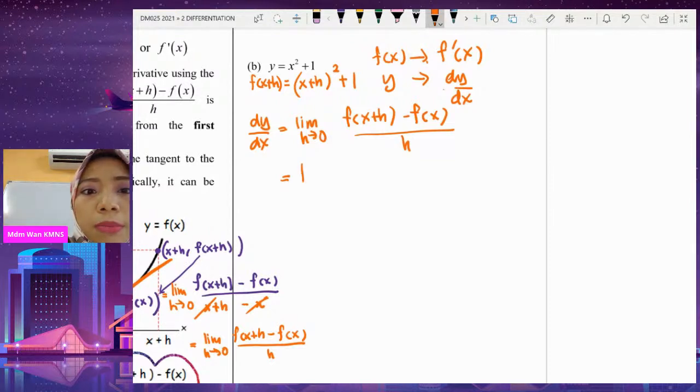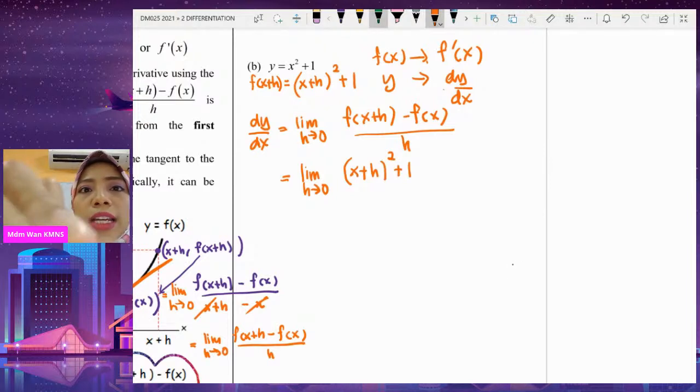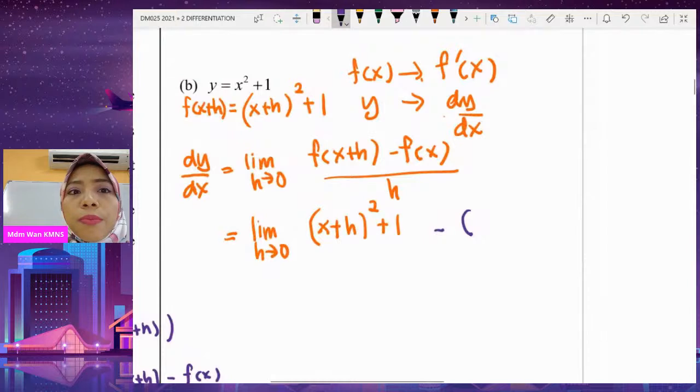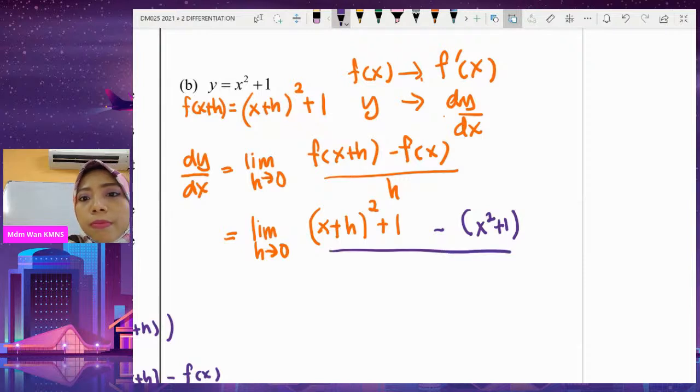So now limit h approaching 0, (x plus h) square plus 1, minus f(x). What is our f(x)? x square plus 1, over h.